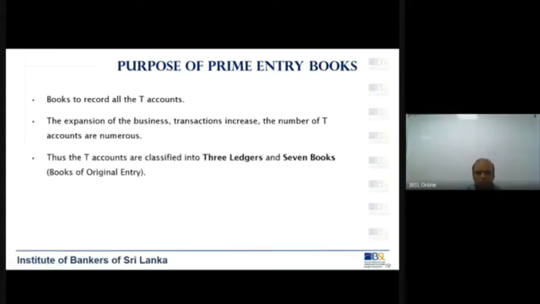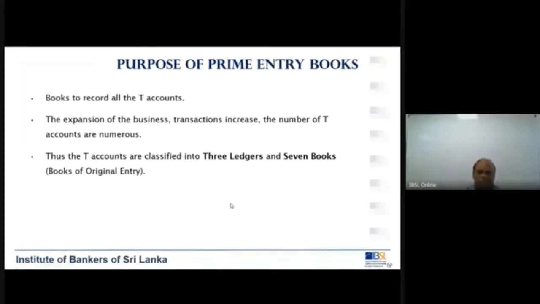So the T accounts are now going to get classified into 3 ledgers and 7 books. We have been talking about a ledger. All these T accounts are included broadly into 3 ledgers as far as businesses are concerned. Similarly, they can be confined into 7 day books.